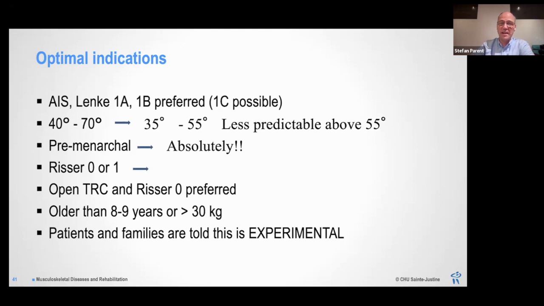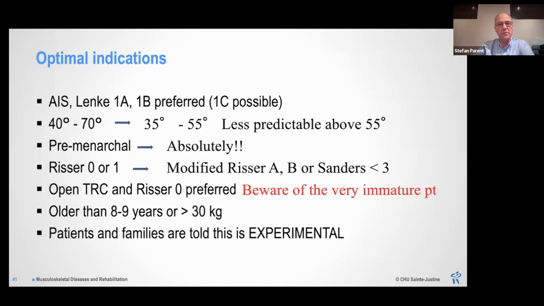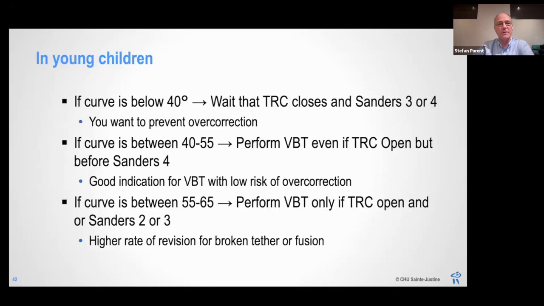If they just had their periods, maybe I'll entertain this, but in a smaller curve. And then Sanders 3 and less. I know the indications for the FDA are 3 to 5, but I really like to be under 3 or 3 and less. Open triads is really preferred, but be aware of the very immature patient, especially for smaller curves.